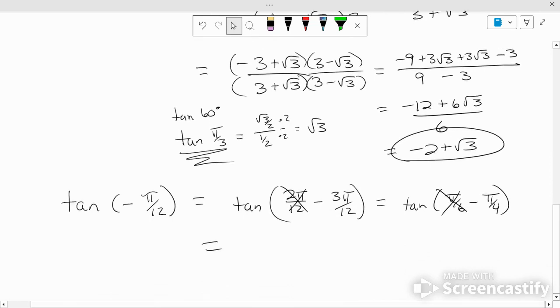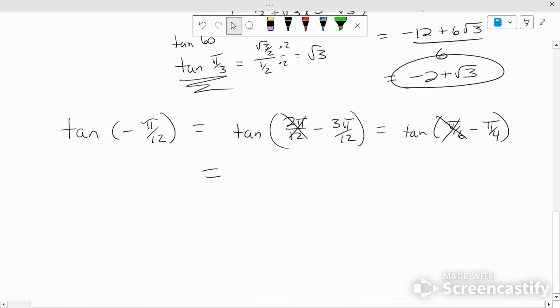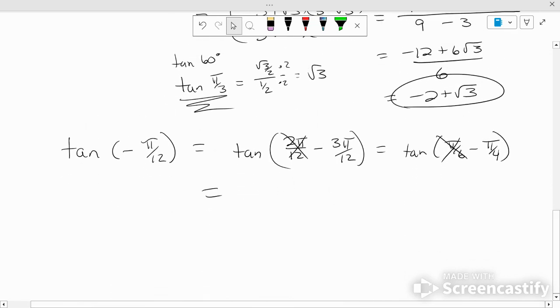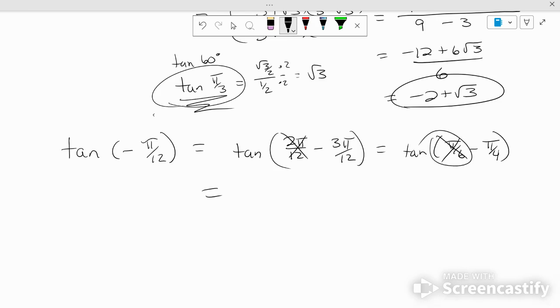Okay? Now, we can work through the fractions, but what's another way of doing this? And we use the tangent of pi over 3 instead of pi over 6. Well, pi over 3 is how many pi over 12? 4 pi over 12. Now, 4 pi over 12, I can't use a 5 pi over 12, so that won't work. What's the tangent of 2 pi over 3?